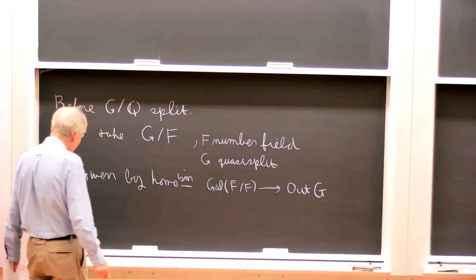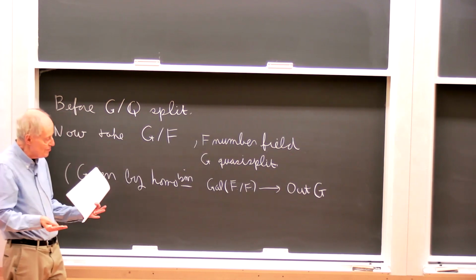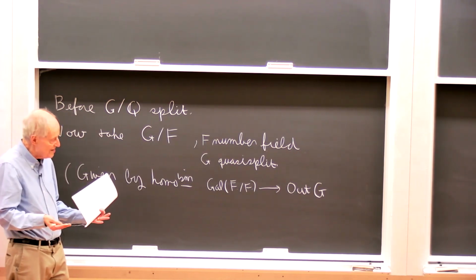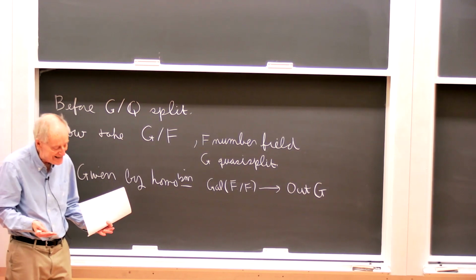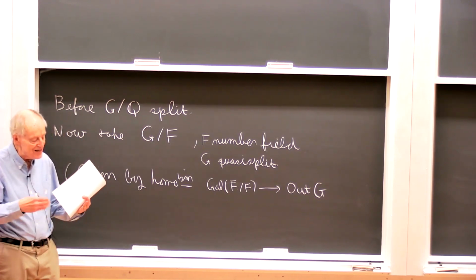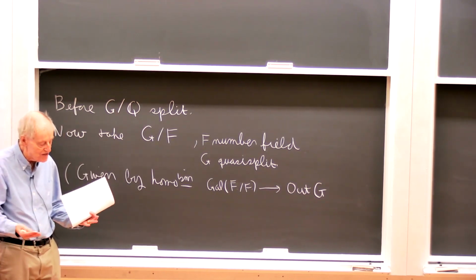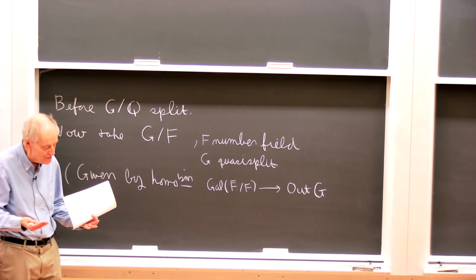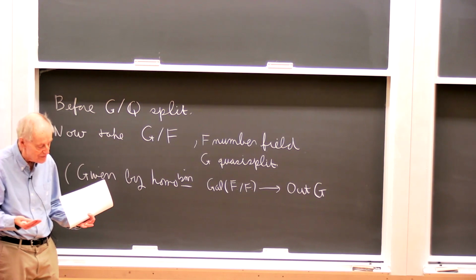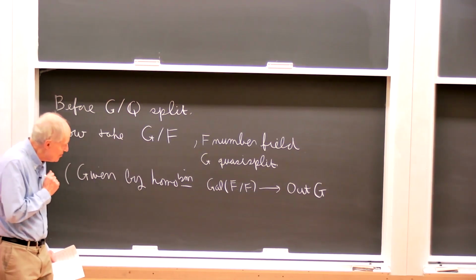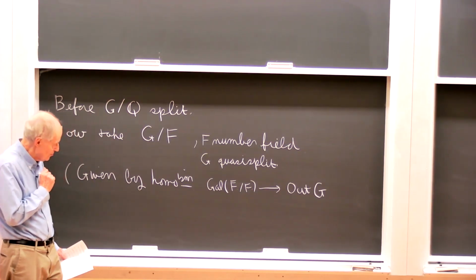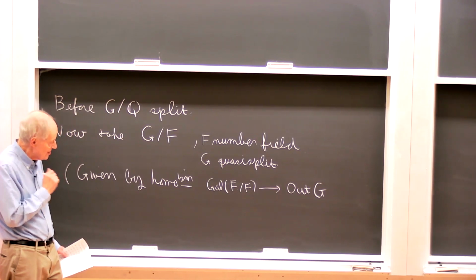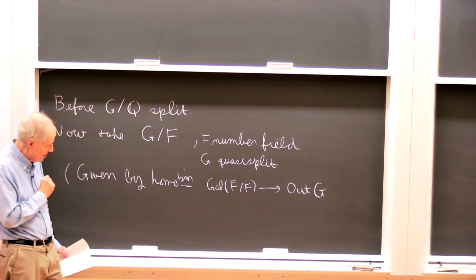In other words, an outer automorphism is a coset in the group of all automorphisms modulo the inner automorphisms. Every outer automorphism has a canonical representation, not just as a coset, but actually as an automorphism.